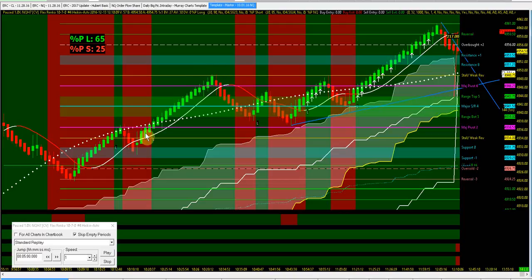If you wanted to take that short trade, the stall weak reversal is a pretty good place to get out. If you're just taking that trade from major pivot, or from the support line to the stall, usually price action will kind of stall out there and pull back, and that's what you saw here.